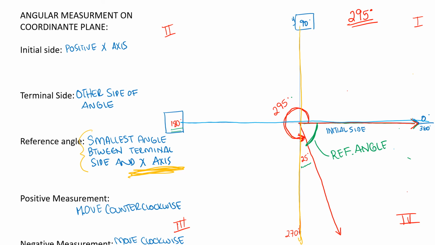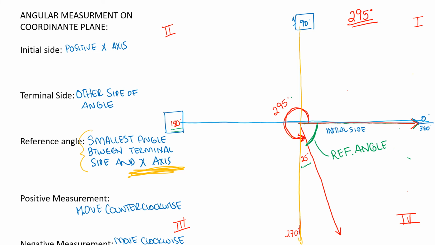Here's my 30 degree angle, and I'll draw the angle measurement out here at the end, and then the reference angle inside. So in quadrant 1, I've got a 30 degree angle and it's got a 30 degree reference angle. That's all there is to it.